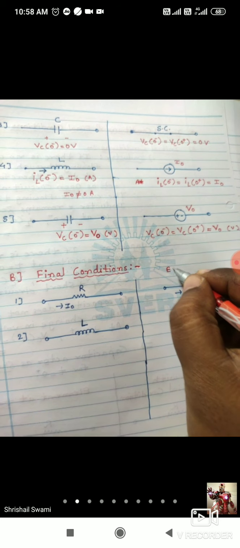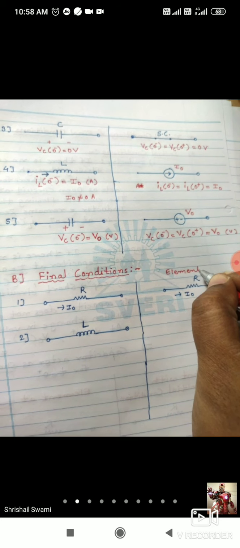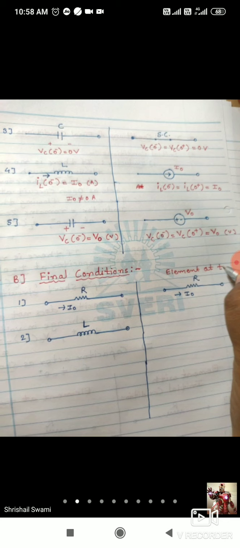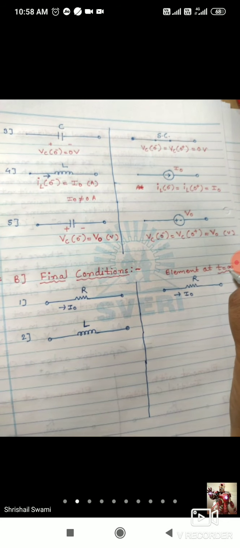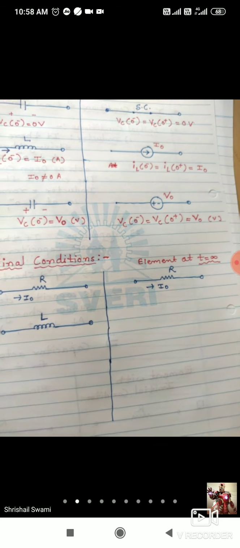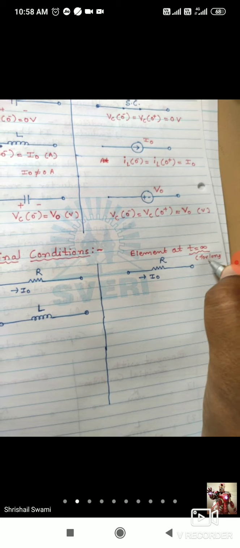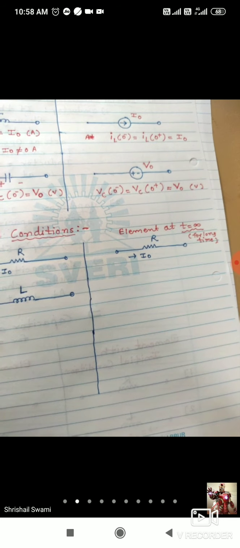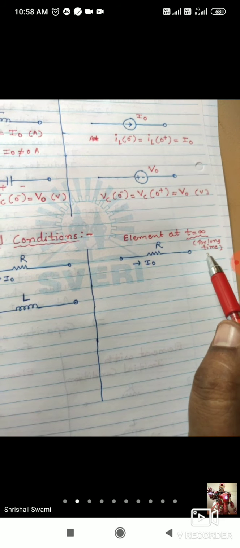So here let us write element at t is equal to infinite. Final condition, that is t is equal to infinite, means for a long time. In short I write for long time. खूप वेळ असेल एकाच पोझिशनला. Okay, that is called final conditions.